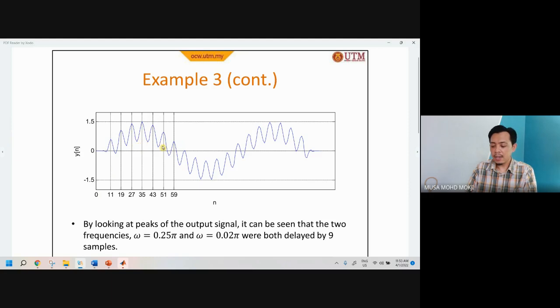It's not really a problem because the signal still looks the same, since the delay is consistent. If the delay is not consistent, we won't see this kind of shape. The shapes will change, because the delay is different at different frequencies.